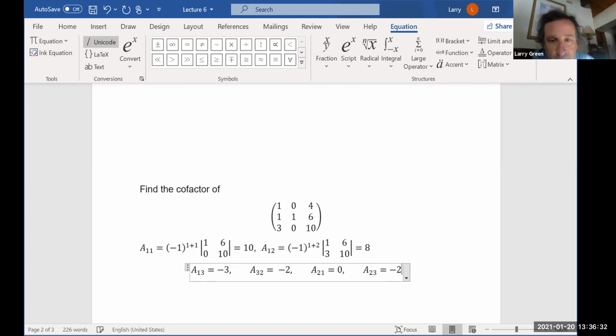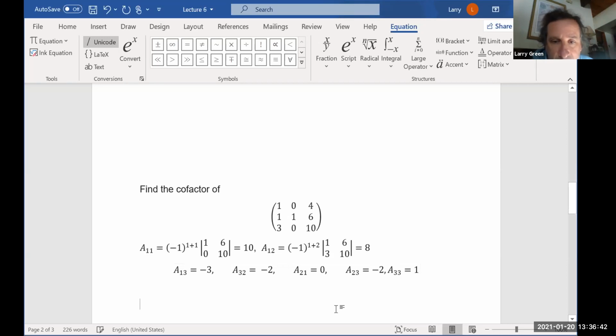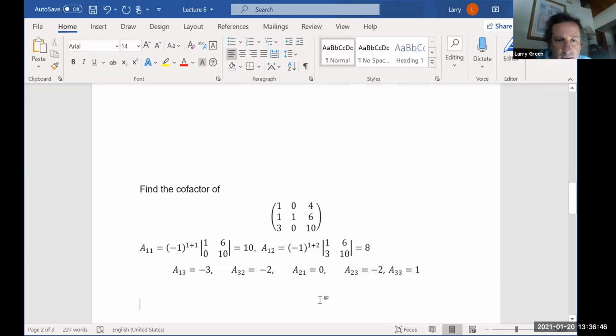A23 is -2. And then A33 is 1. Four, 5. Let's see, and there should be another one in there. A22 is -2.